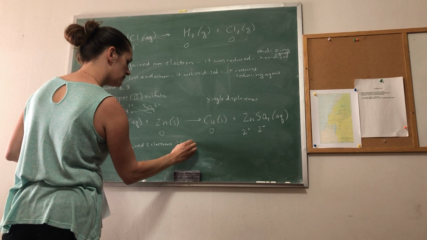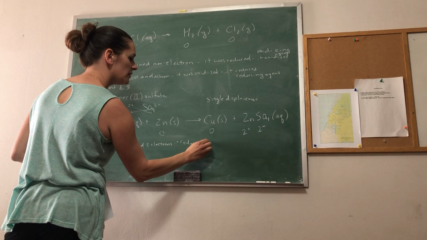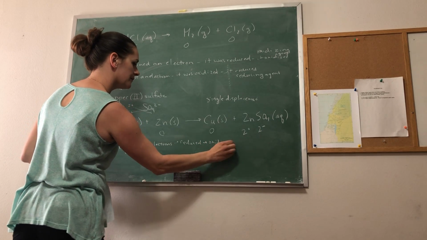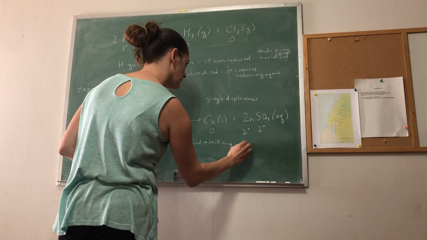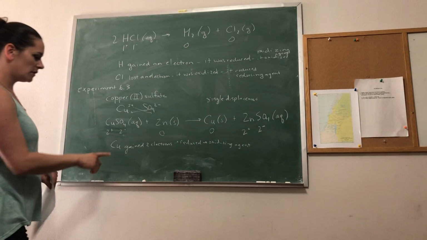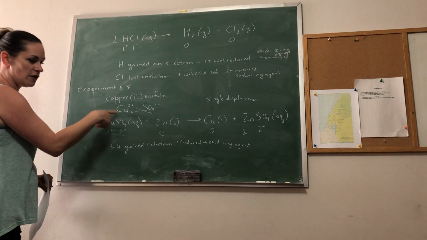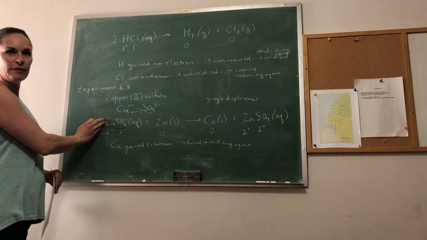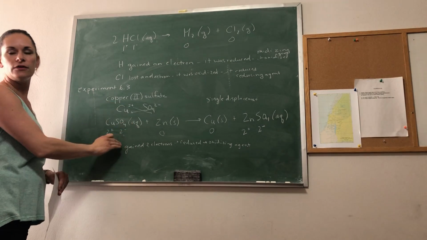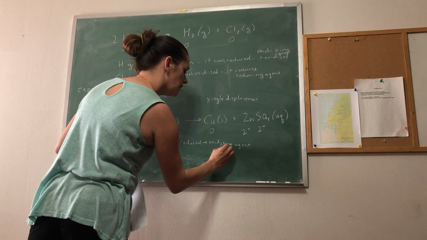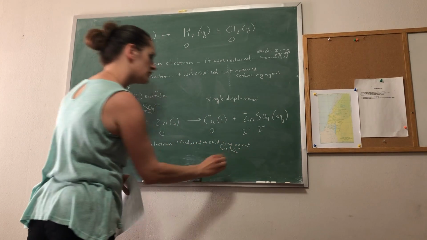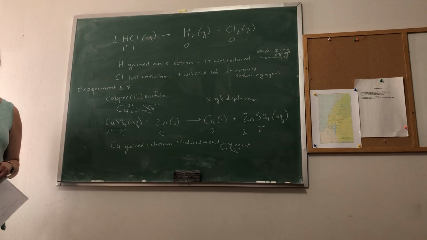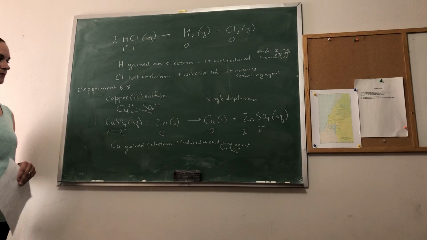It was reduced, which means it was the oxidizing agent. So copper was part of copper sulfate, so we just say the whole molecule. It was the copper in it, but since it came in a molecule, we say the whole molecule was the oxidizing agent. So CuSO4, copper 2 sulfate, was the oxidizing agent.